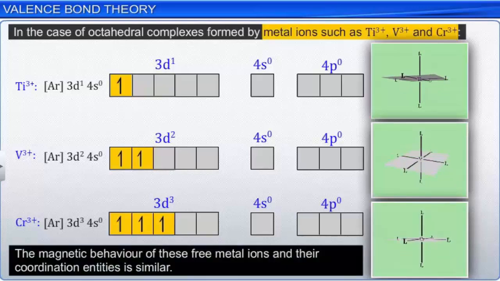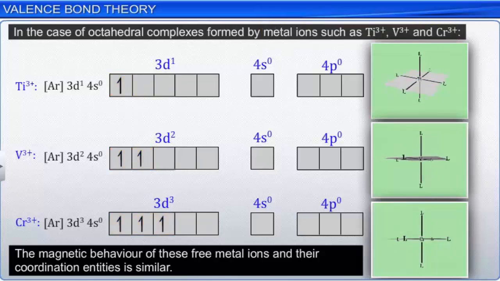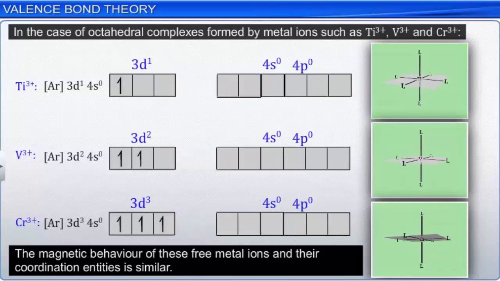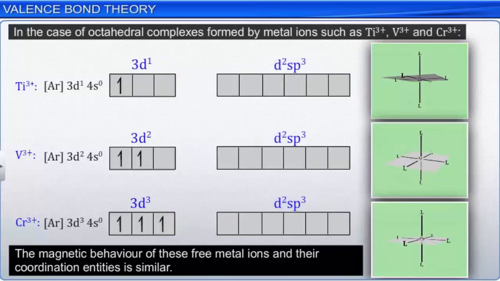As you can see, in these ions, there are 2 vacant d orbitals available for octahedral hybridization with 4s and 4p orbitals. Thus, these octahedral complexes are always paramagnetic in nature.